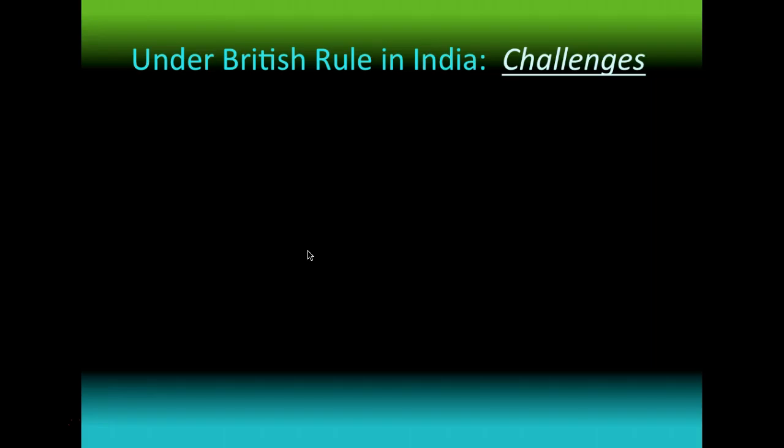Finally, we come to the challenges of British rule in India. The Indians considered themselves to be equals until the 1930s, but again, they were not given the type of political power or business positions or power as compared to their European counterparts.